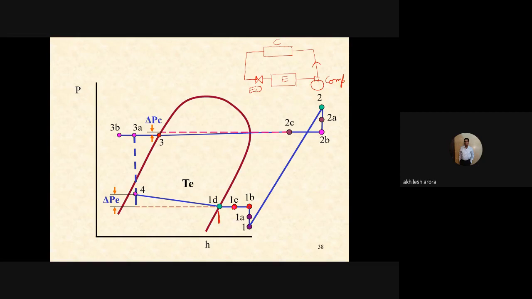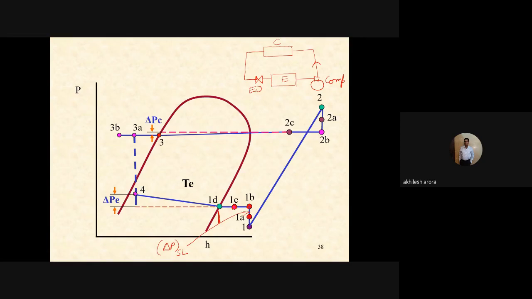Then there is a process taking place from 1B to 1A. This shows the pressure drop, in the suction line. The suction line will have a certain length and there will be some friction. So we are considering that there is a pressure drop in the suction line, and that enthalpy remains constant.